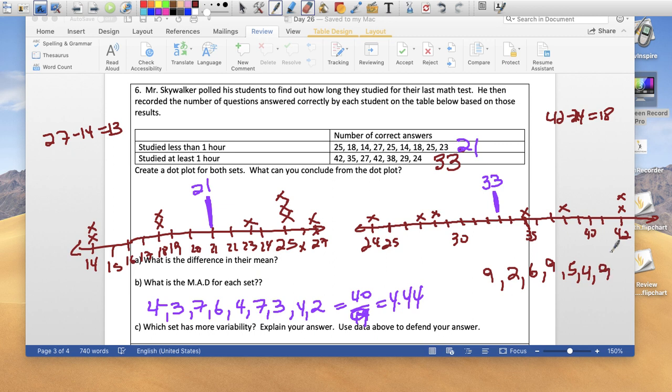So 9 plus 2 plus 6 plus 9 plus 5 plus 4 plus 9. We got 44, and we're going to divide this by 7. And 44 divided by 7 should be 6.28.